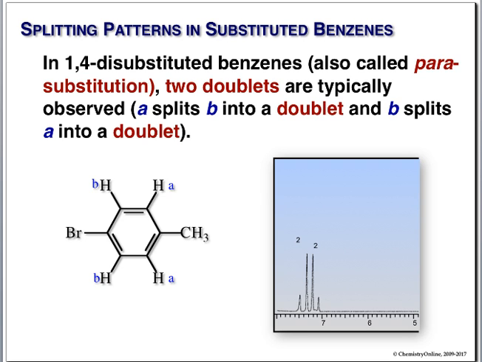This isn't a quartet, this is actually 2 doublets. One from the A's and one from the B's. There are 2 A's, so the area is 2, 2 B's, the area is 2. Whenever you have unsymmetrical 1,4, it's really, really useful because it's easy to identify what's what. 1,4 substitution, 2 doublets down here in the aromatic region.